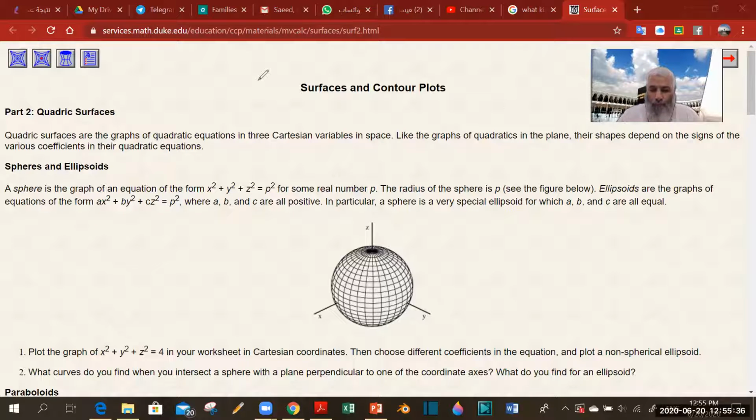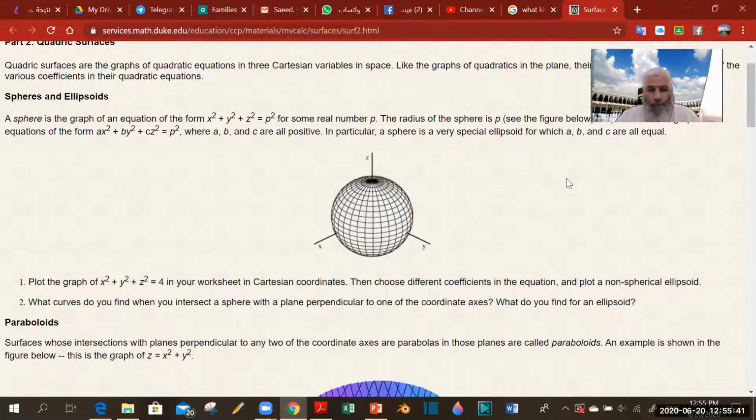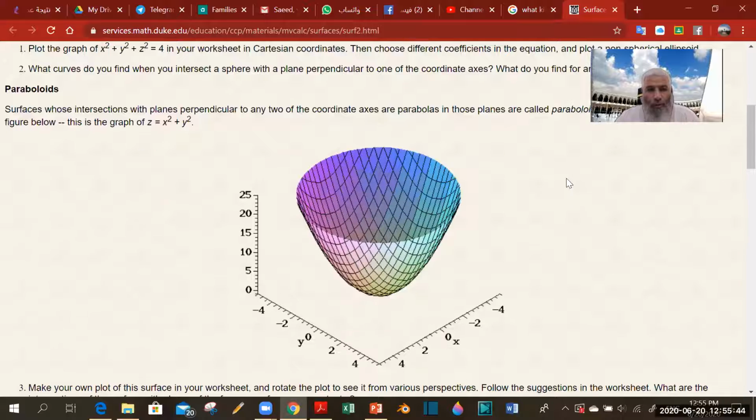But how, for example, in my case, can I identify whether it's a sphere or something else? We'll know it. Like this, we will know that this is paraboloids: surfaces whose intersections with planes perpendicular to any two of the coordinate axes are parabolas.